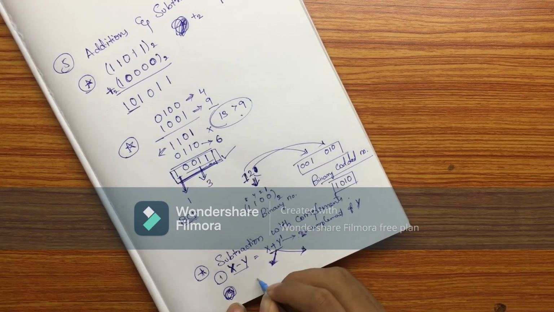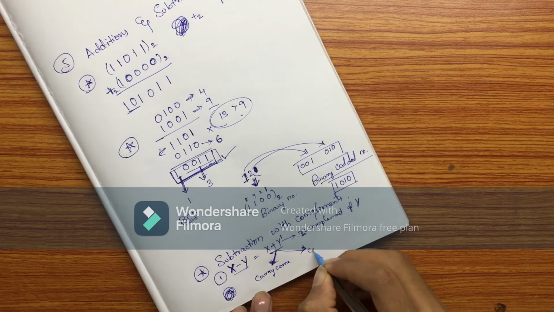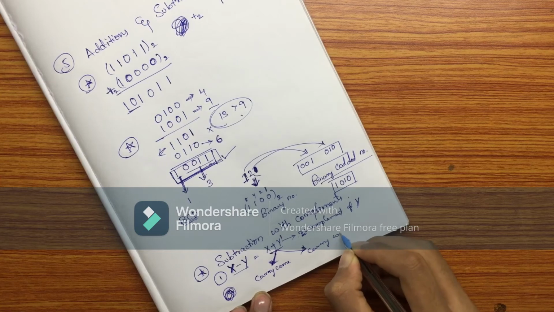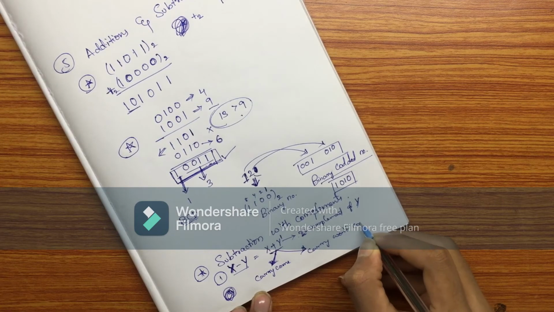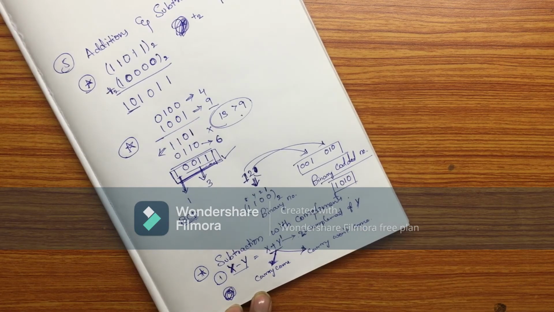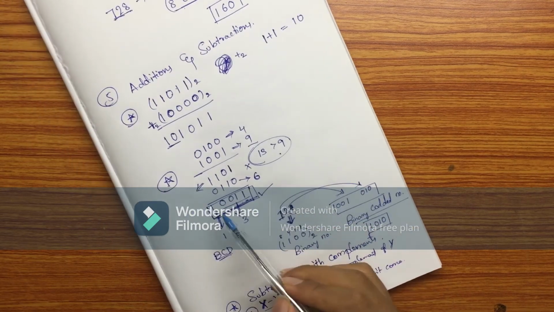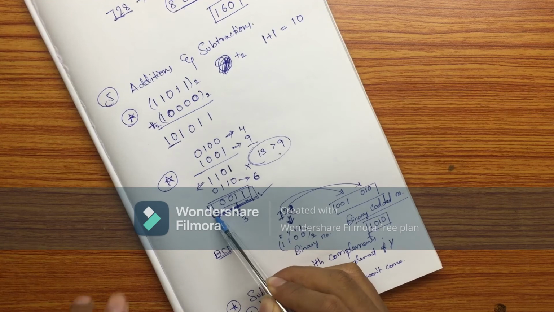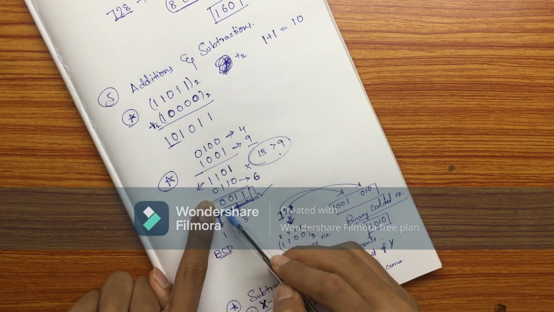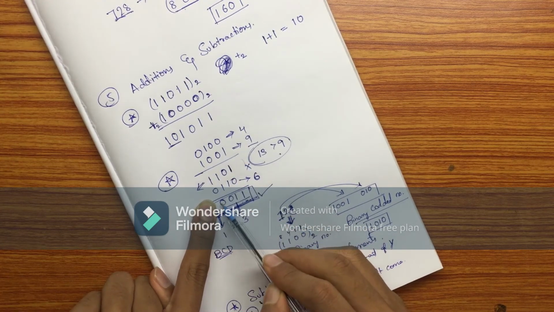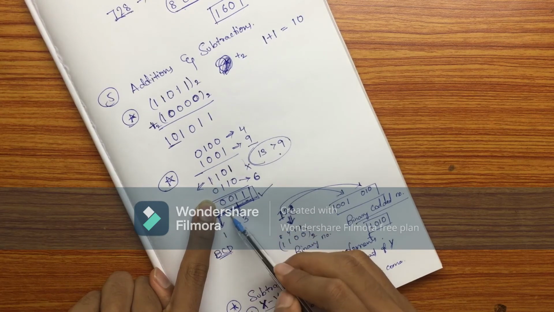X minus y is asked, and you will do this. Then carry comes, or carry won't come. So after doing x plus y complement, you will get a carry. See here, we got a carry here. Carry is not coming means you are getting digits only till here. Suppose this is 0, you will not get the carry.